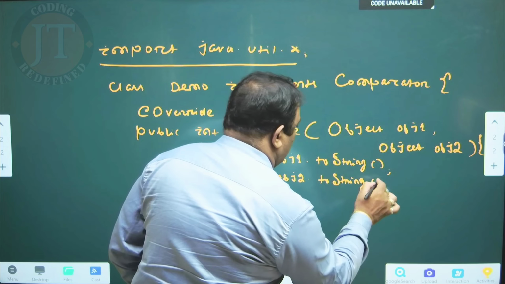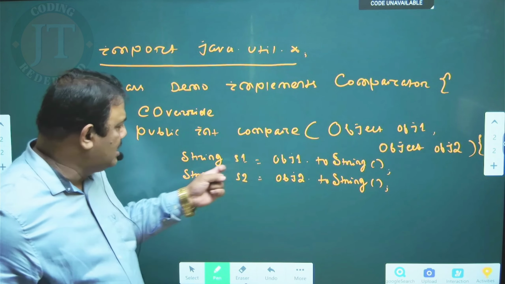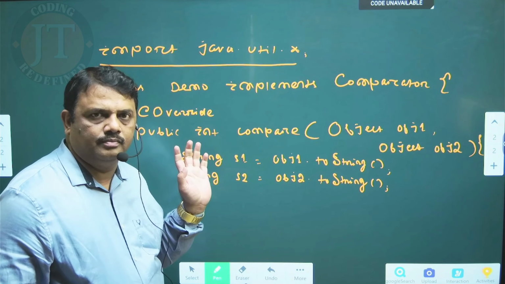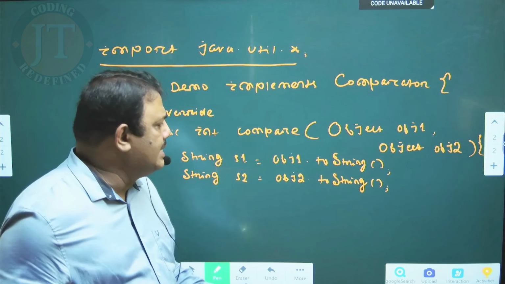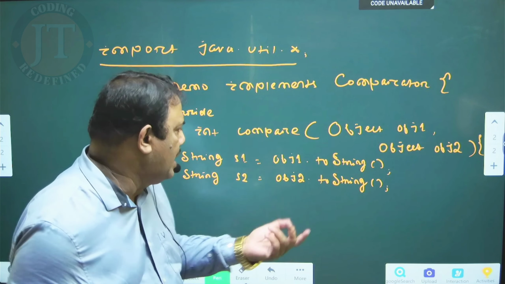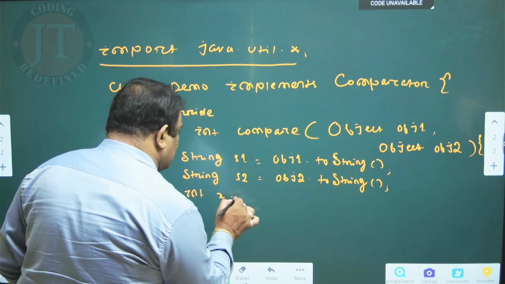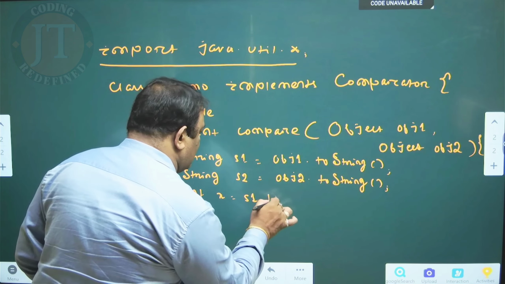Are you getting it or not? Fine. Now I can extract the string value, because in the ArrayList I insert what type of element? String elements. Now I write int x is equal to s1.length().